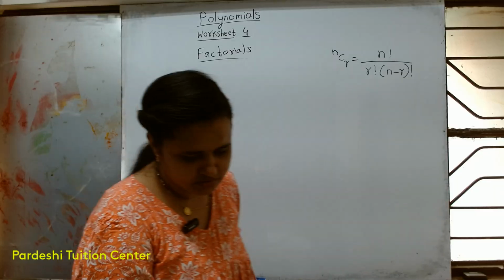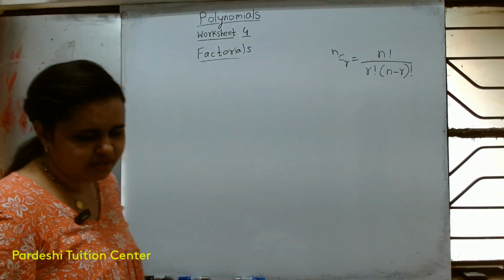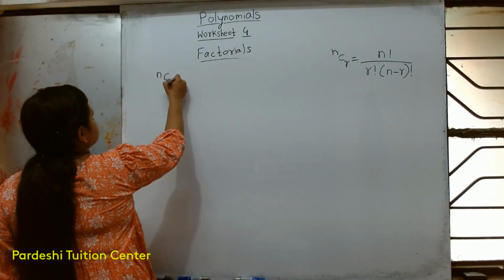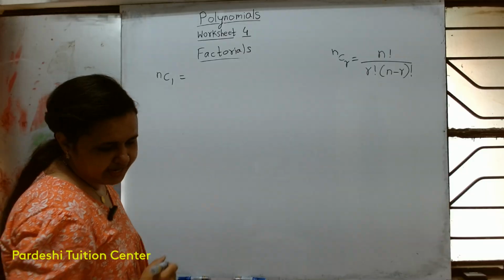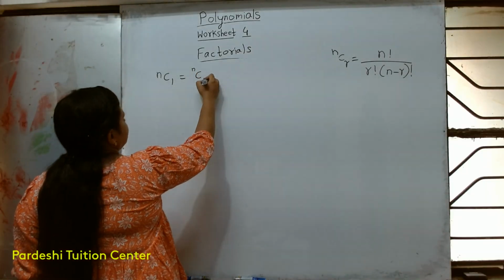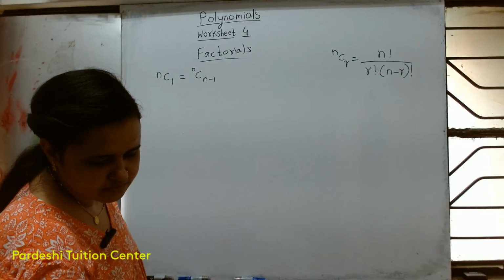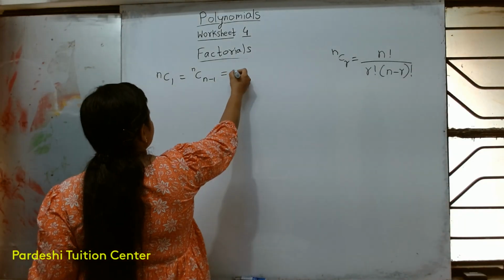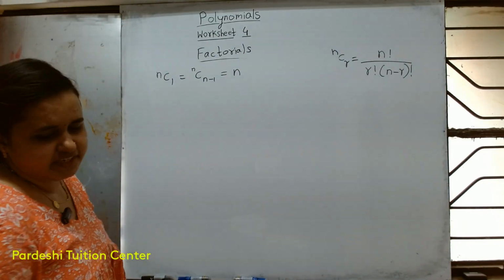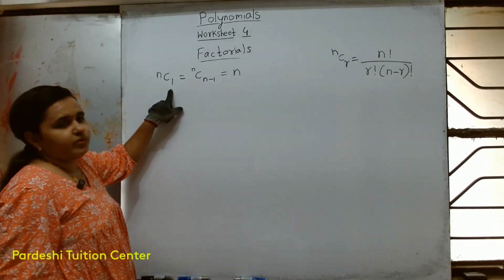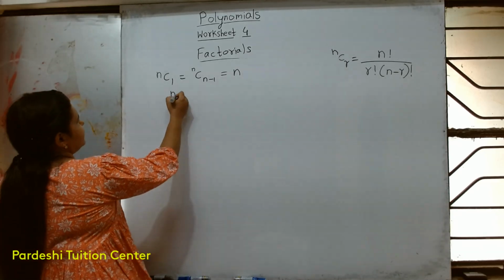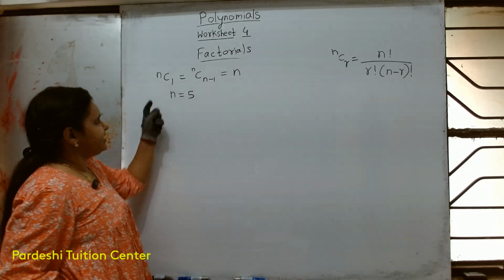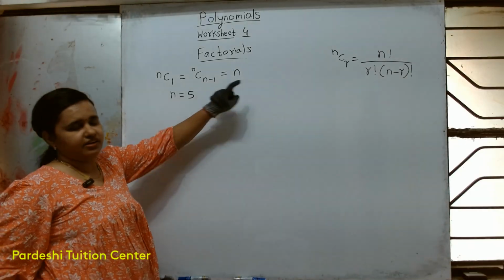Now the third one is nC1 equals nC(n minus 1) equals n. Let us check it. nC1, if I take n as 5, let us check if nC1 is equal to n or not.